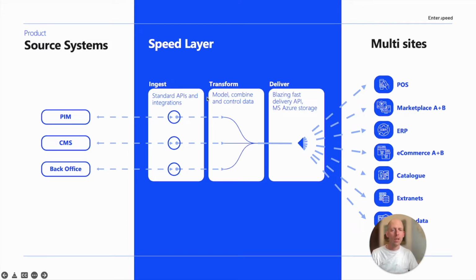I'll get back to that. And the final part is the delivery layer. We call it the delivery API, that then makes the data available in multiple geographical regions, and you can fetch it for your front end and various other things that you need to get some fast data from.